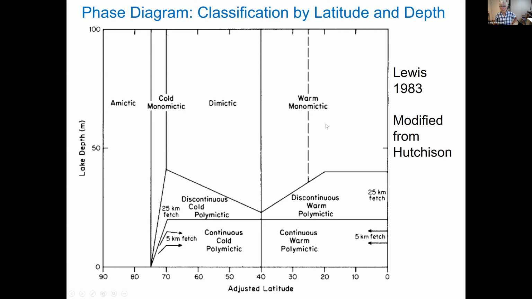And some of you are working in locations further to the south, where the lakes don't freeze in the winter. And so then they stratify more in the summer, and then they have a winter period of mixing.